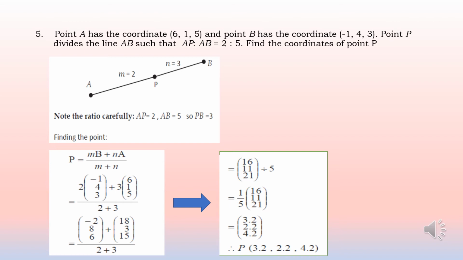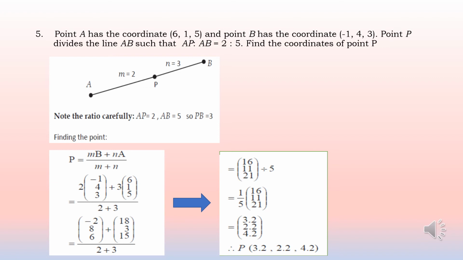Now the most important thing for you is to get the correct ratio, and the correct ratio on the line AB would be from one end of the line to the point and from that point to the other end of the line. So simply the ratio that we are interested in should be AP is to PB.